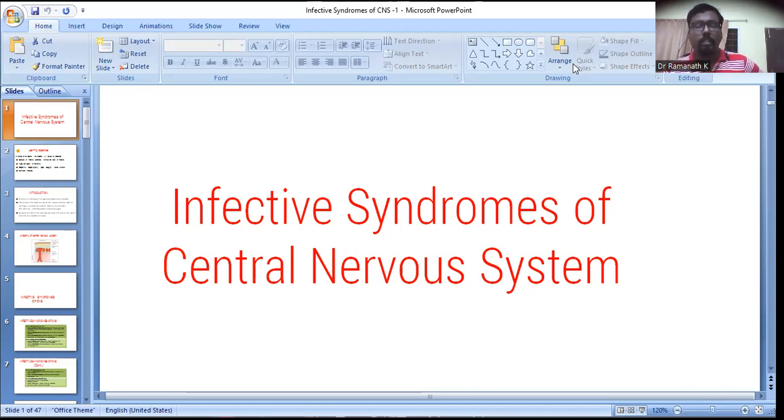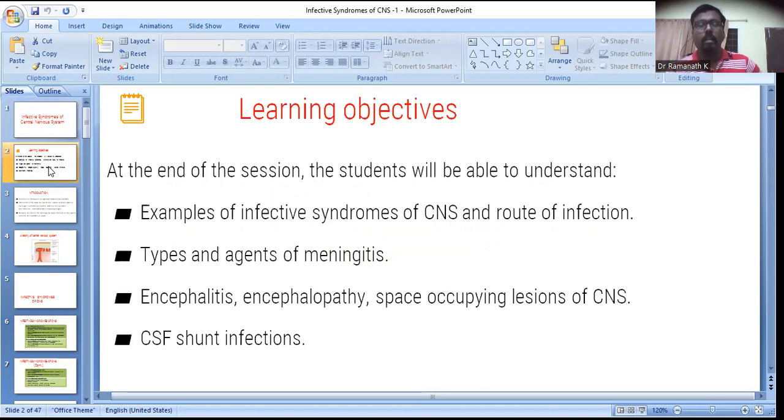So at the end of the chapter, we are going to learn about various objectives like what are the different examples of infective syndromes and how they are transmitted and mainly the route of infection, and coming to the types and agents of meningitis.